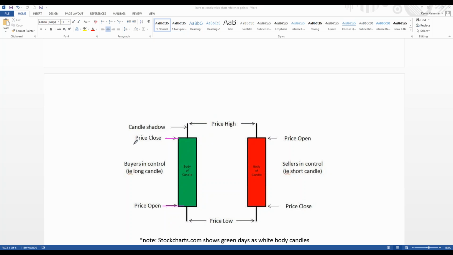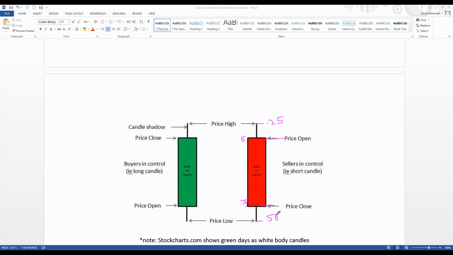Now for a red day, we just flip everything completely backwards. The top represents the open, so you might have opened at 5, and the bottom of the body represents the close, so let's say you closed at $4.75, and the wicks represent the total daily range from the high and the low. So maybe the high was $5.25 and the low was $4.50.